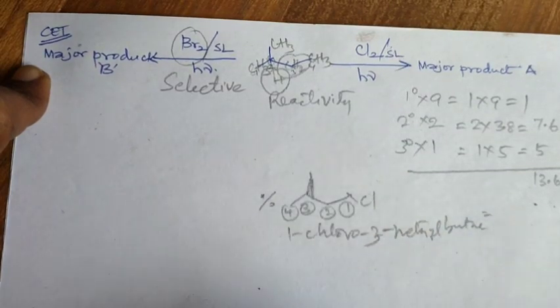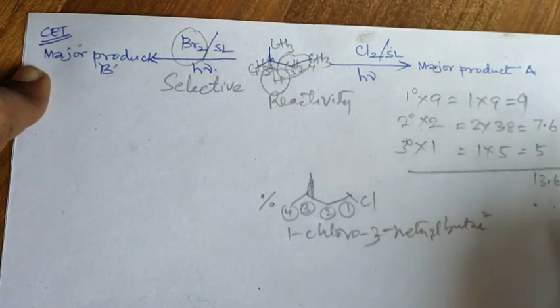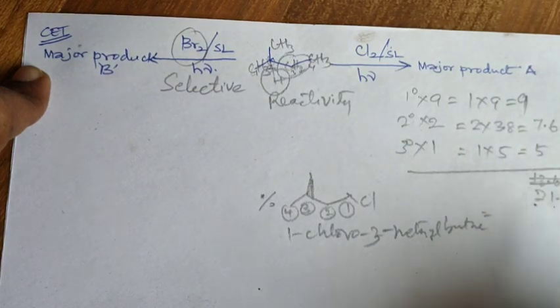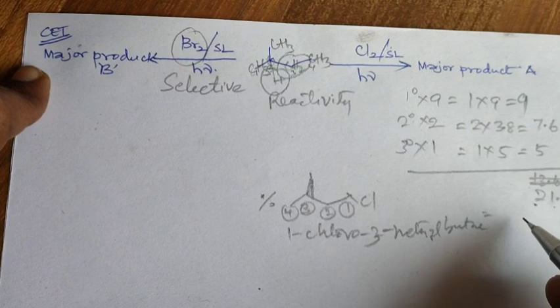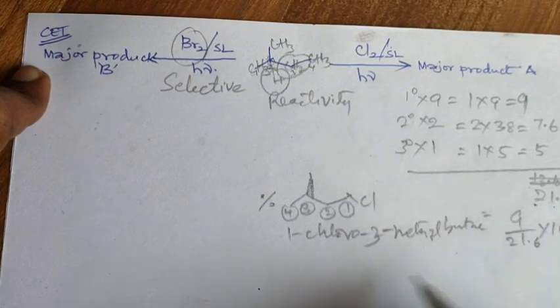How much percentage? So that is 9 by 21.6 into 100.